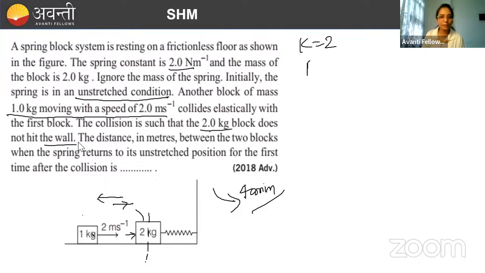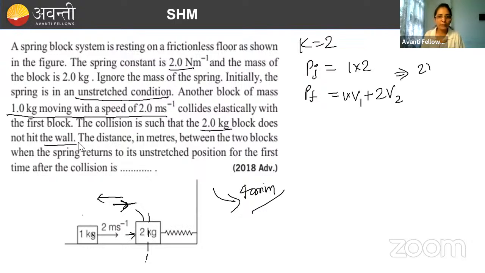So initial momentum, what you will be writing? Initially 2 kg momentum is 0, 1 kg momentum is equal to 1 into 2. Finally, suppose कर लो, मैंने assume कर लिया कि दोनों ही इस डायरेक्शन में जा रहे हैं after collision. So final momentum I am writing 1·v1 plus 2·v2. So initial momentum will be equal to final momentum. What you will be writing? 2v2 plus v1 equal to 2.